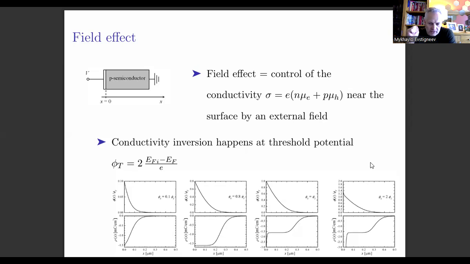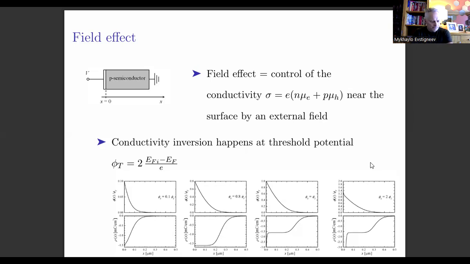If the inversion layer is off, then there is practically no or very little surface conductivity. You can dramatically affect the surface conductivity by switching the inversion layer on and off, which you do by applying a surface potential.